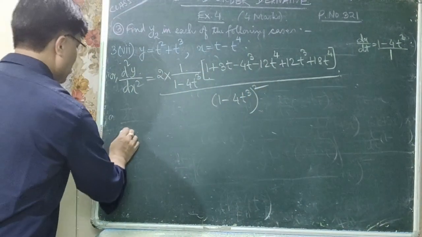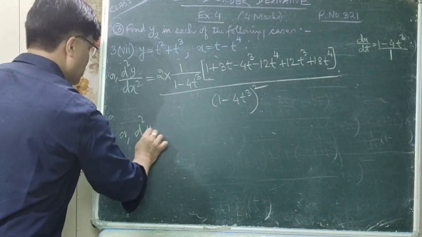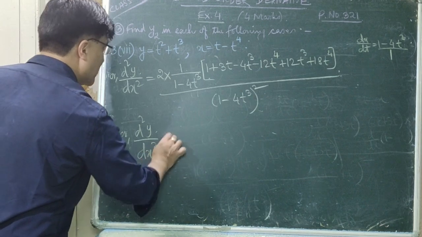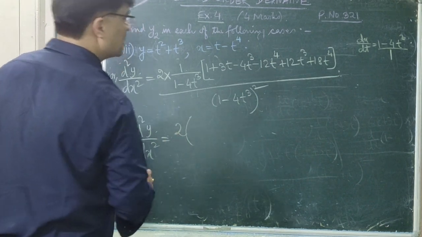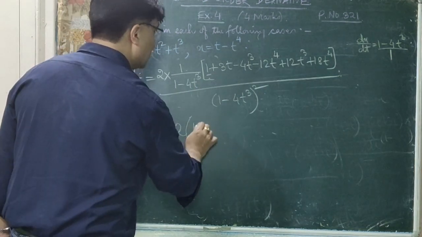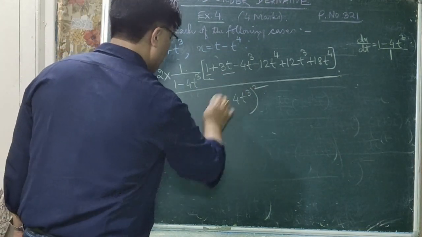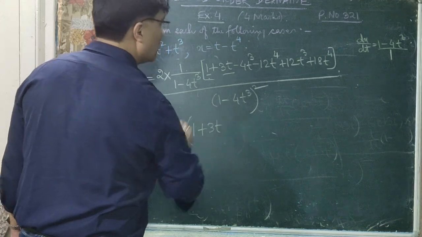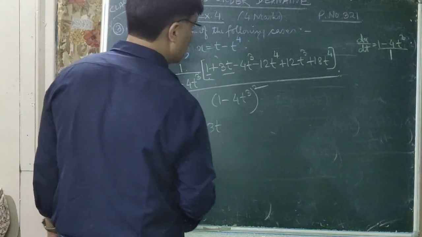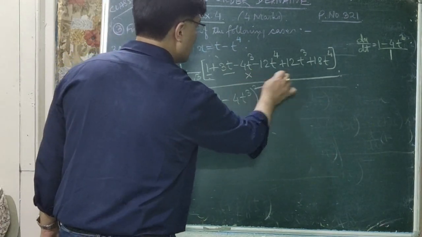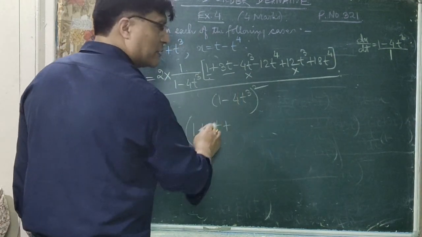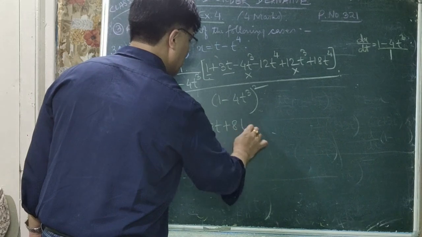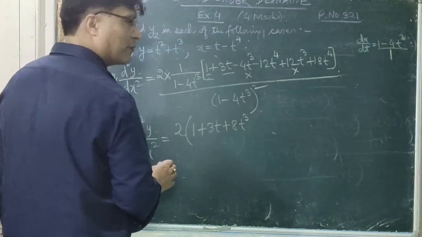Let's simplify it. d square y by dx square is equal to 2 is common here. So within bracket this is 1, this is plus 3t. Then comes the cube term: minus 4t cube plus 12t cube. You can subtract it, different sign: 12 minus 4 is 8t cube, right?